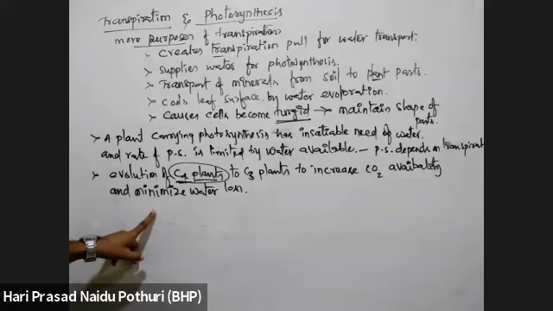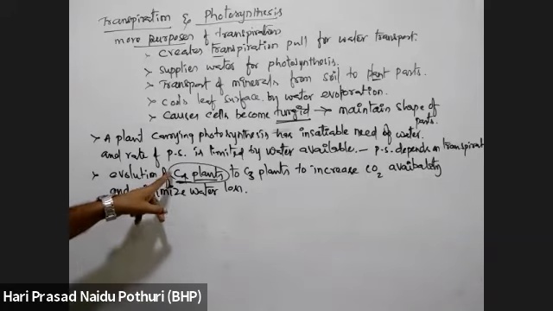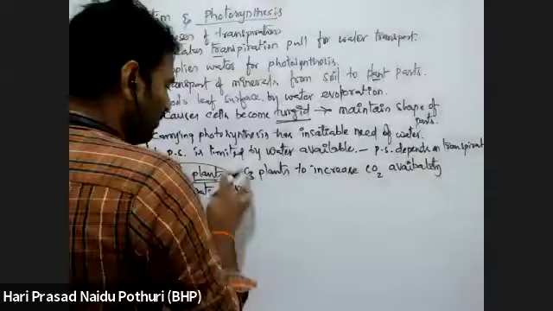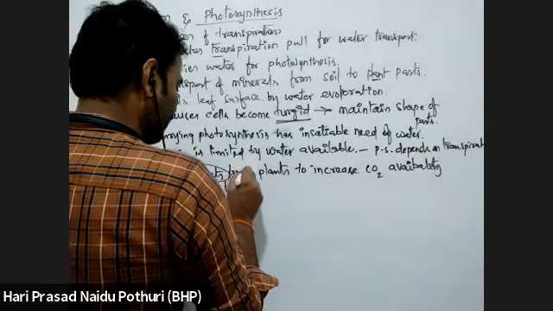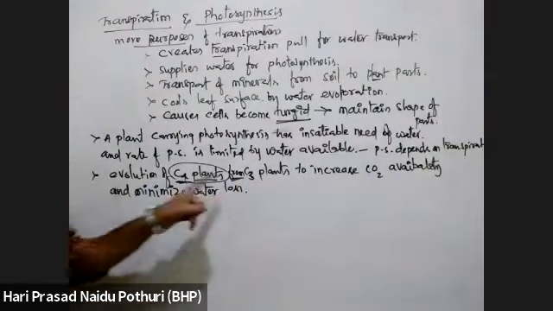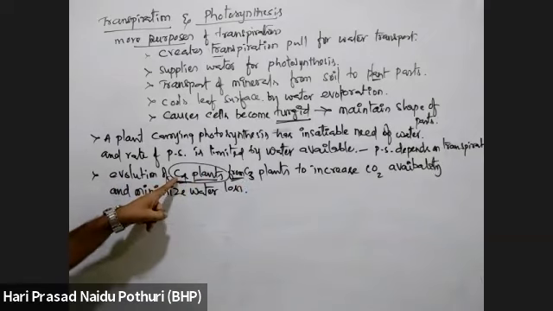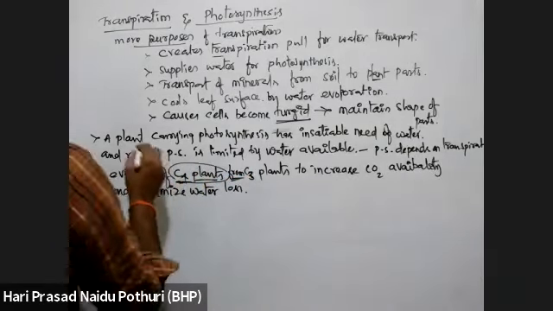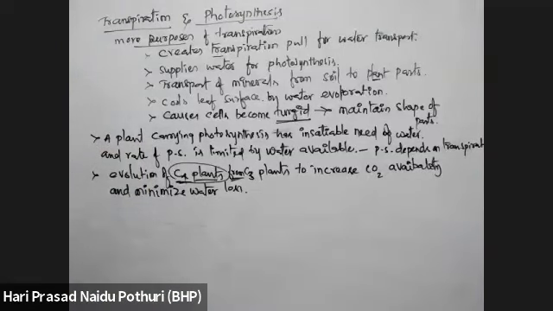Evolution of C4 plants to C3? No, I wrote from C3. C3 plants are evolved into C4 plants. When C3 plants are evolved to C4, which one has more efficiency, C3 plants or C4 plants?